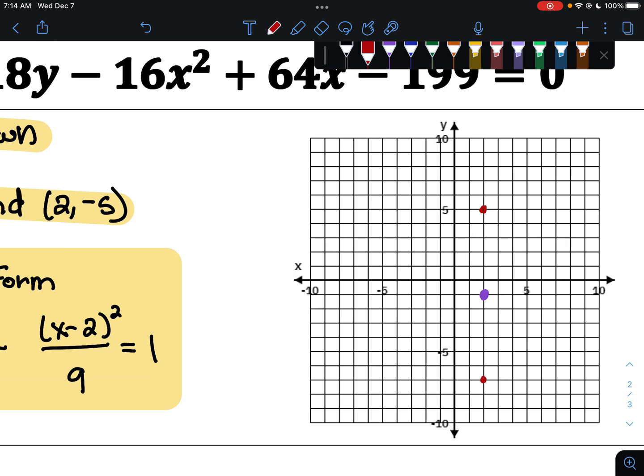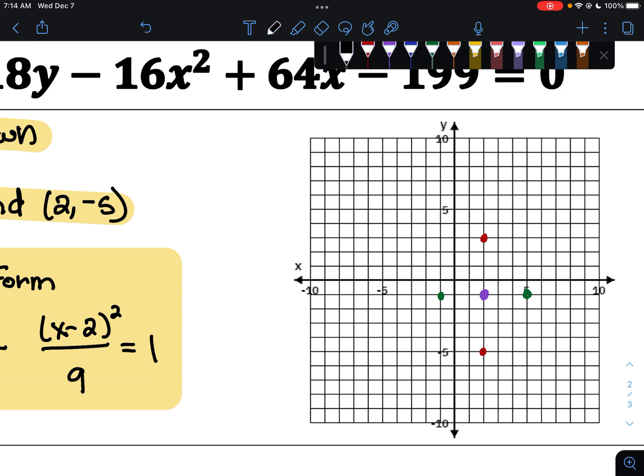That's how you get the transverse axis. Then we went left 3 and right 3. And now I just realized that it should not be up 6 and down 6. It should be up 4 and down 4. So let me fix that. There we go. 1, 2, 3, 4.